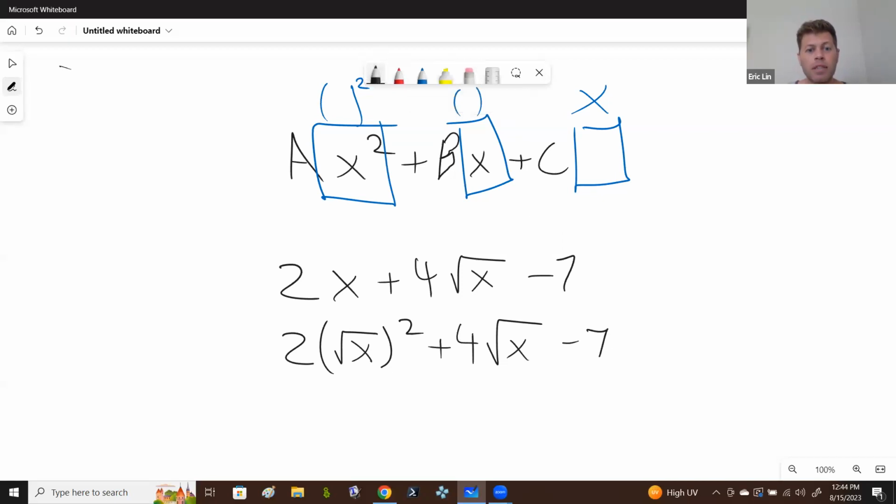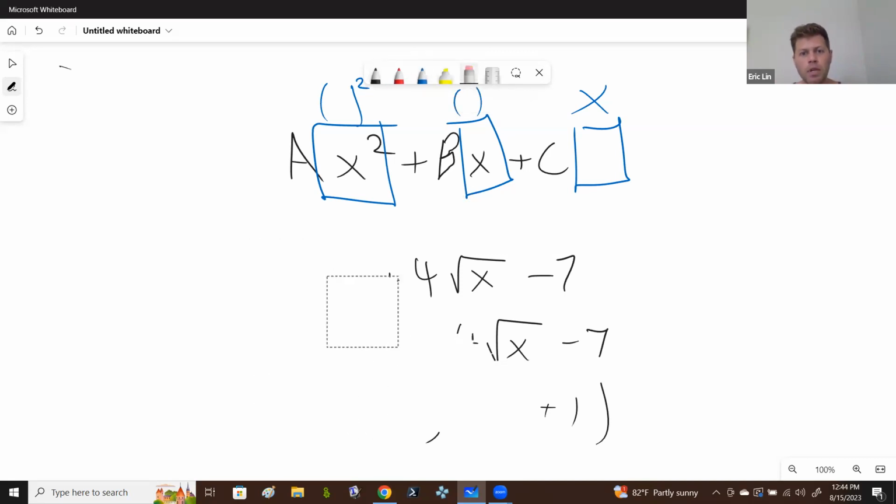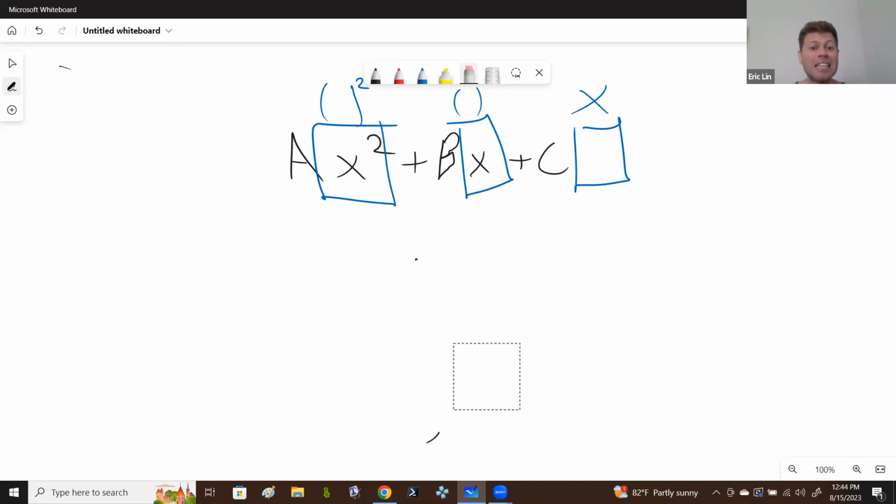It's just that my two terms at the very end will be the square root of x minus, I'm just making stuff up, 7 square root of x, or 2 square root of x plus 1, whatever. I don't know what it actually factors into, but you get the idea. I'm factoring into square root of x plus or minus something, instead of x plus or minus something. So the sky is the limit with this.